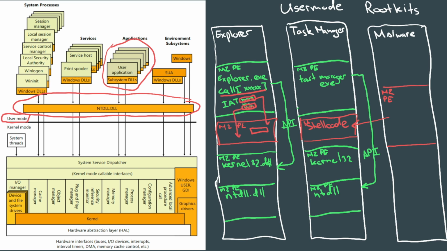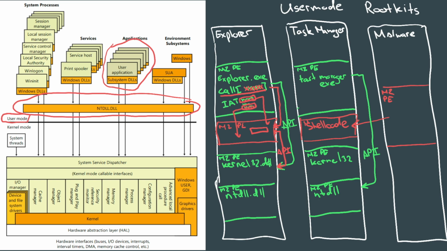In this case, this address gets hijacked, and instead of calling kernel32 in this case, the application would first call into the malicious library, then the malicious library would call the actual API. The API will return results to the malicious library, which can filter results, and then return filtered results to Explorer.exe. For example, this way, when Explorer.exe lists all the files in the folder, malware can remove malicious files from that list, and then the user would not see the actual file inside the folder.